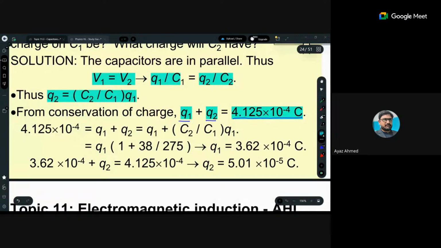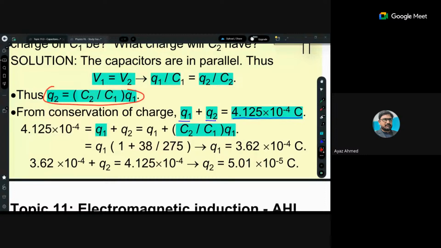So the total charge is Q1 plus Q2. Q2 is C2 divided by C1 into Q1. I have just replaced this equation, the value of Q2 from here, to make this equation a one-variable equation.